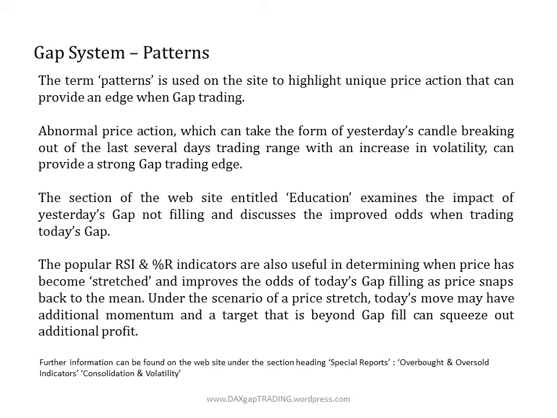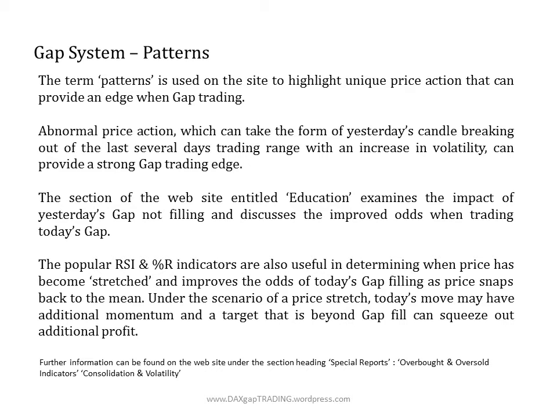I'm also looking at using a number of popular indicators such as the RSI or the %R, and they're helpful in determining when a price has become stretched. And this improves the odds for today's gap filling because what you have is the reversion to the mean as price is snapping back to fill the gap.